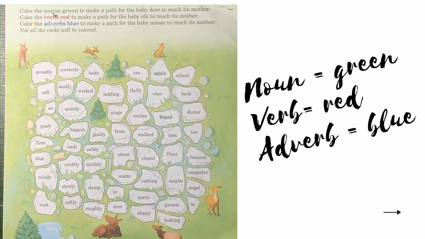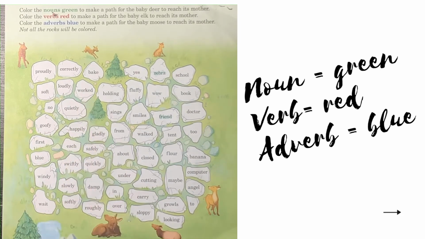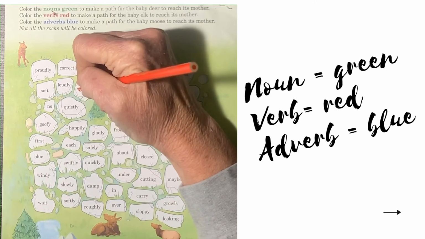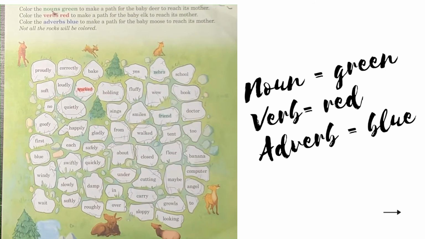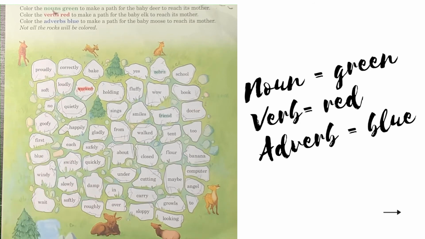Okay, I'm going to try another one. How about worked? What do you think that is? That's an action. So that's going to be red. Think of red as like crazy action, something you do. Let's try another one, up here.